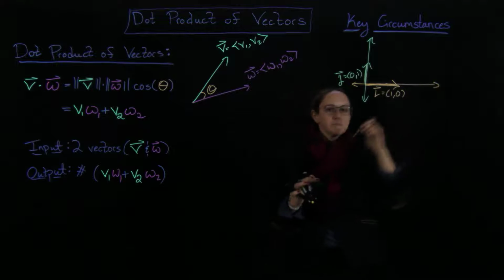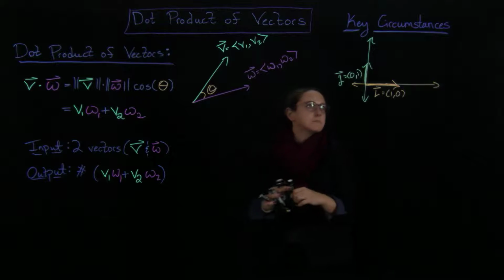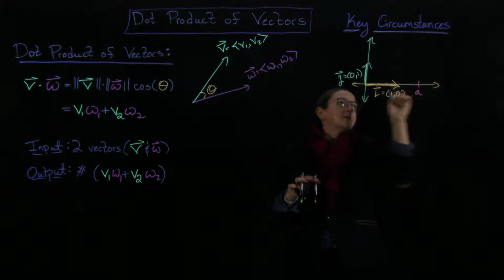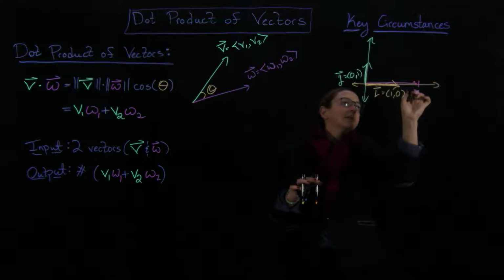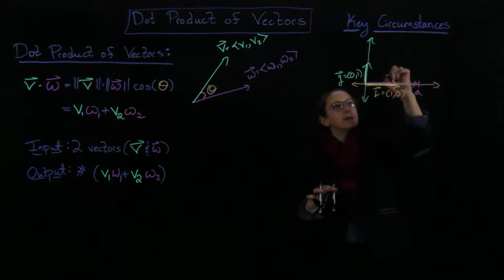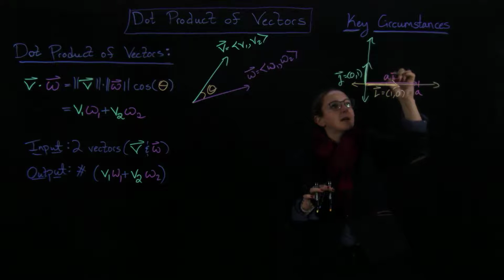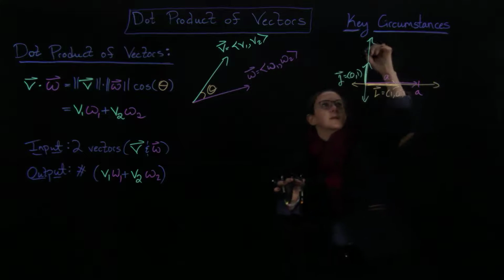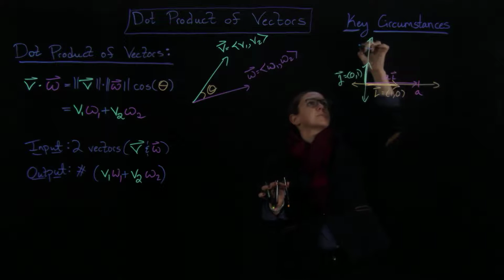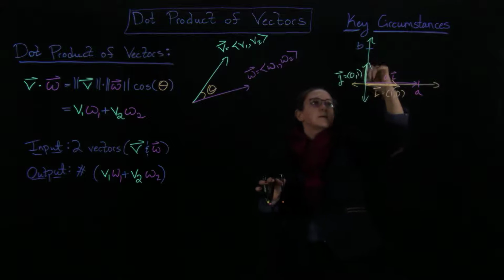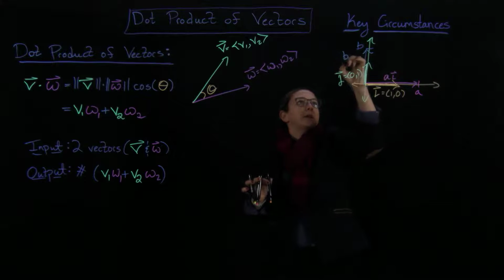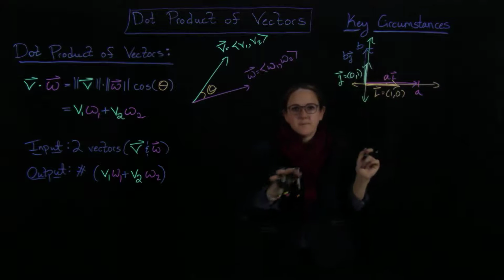Then I have this a here. So if I multiply this, what is this here? This is a i. And if I have a b here, then this here is going to be b j.